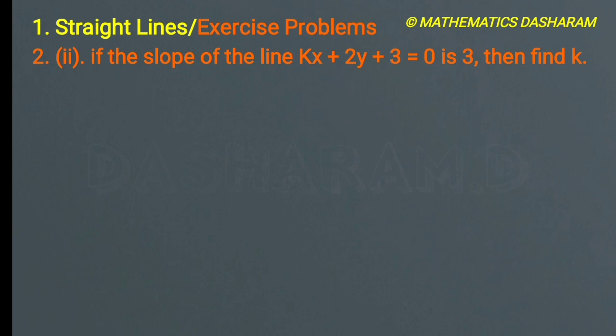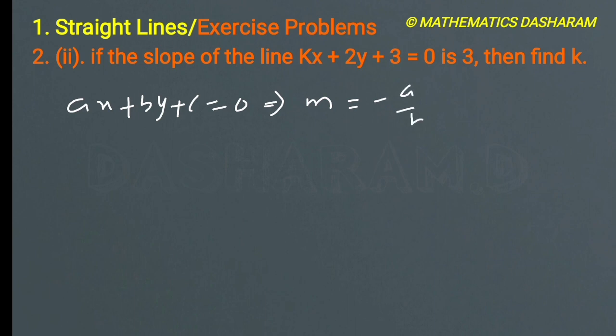Next, if the slope of the line kx + 2y + 3 = 0 is 3, then find the k value. Here the slope is given, that is 3, for this equation. So what is the k value? Generally, if the equation is ax + by + c = 0, then its slope is -a by b.